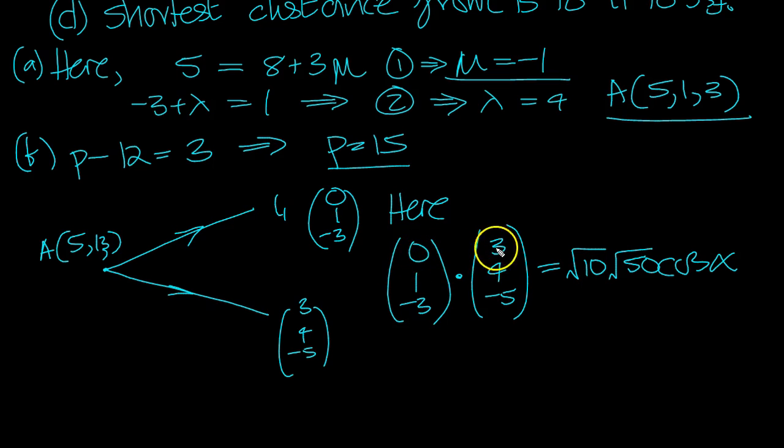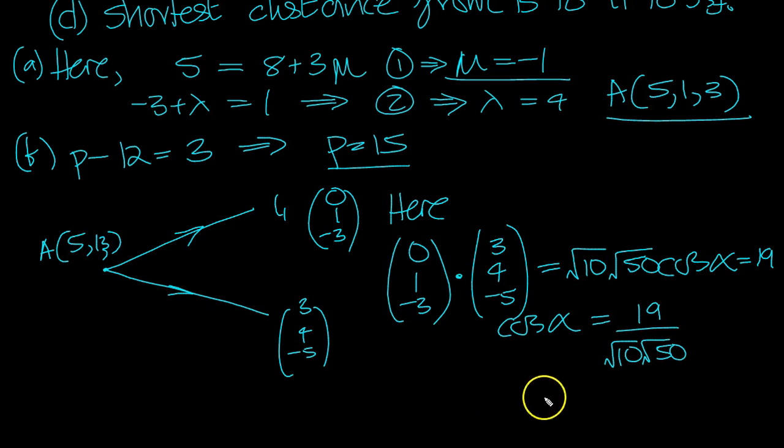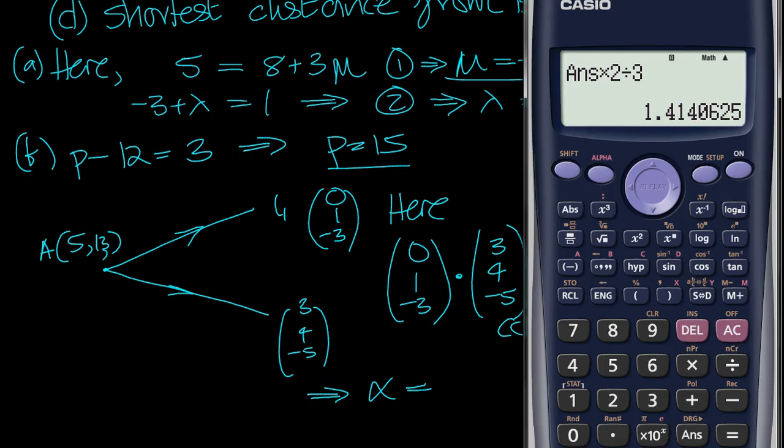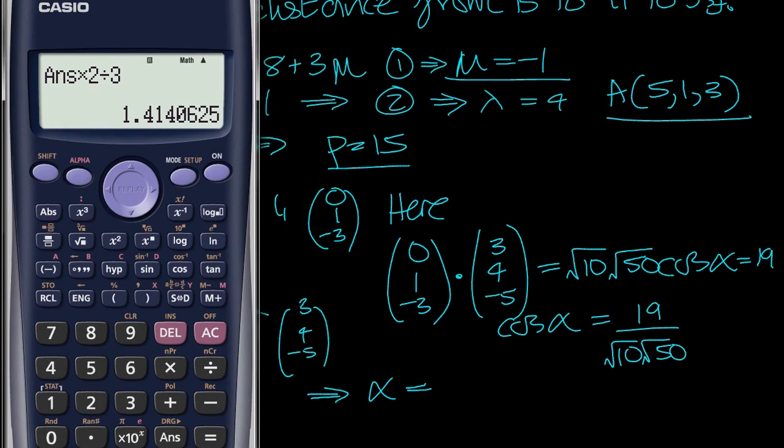And this is 0, 4, and 15, so that's 19. So cosine alpha then is 19 over root 10 root 50. So alpha is equal to shift cos of that. Let's have a look at it.